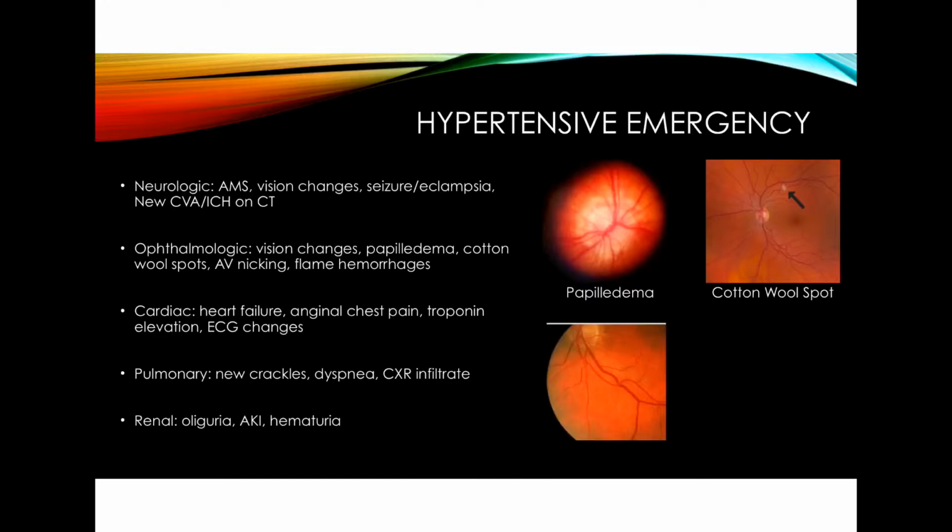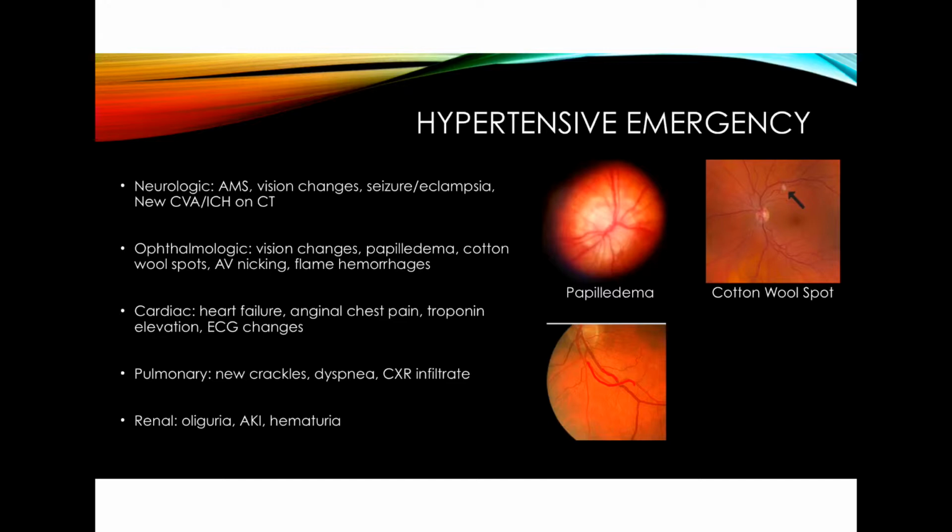In this image, we see a bright red artery crossing a dark red vein. As the artery crosses the vein, it squishes the vein a little bit, so you'll see a little narrowing just where the artery is crossing, and that's the phenomenon of AV nicking.